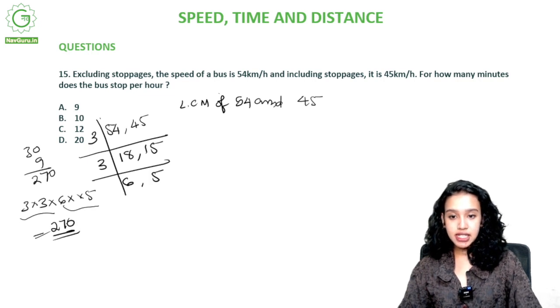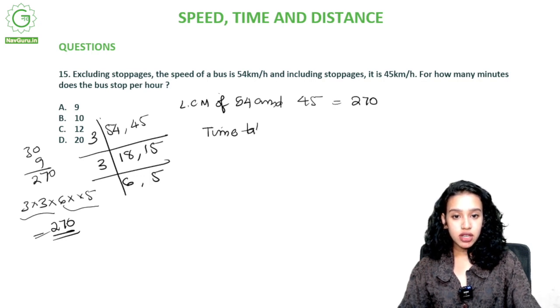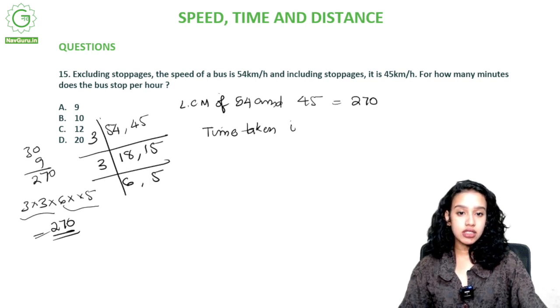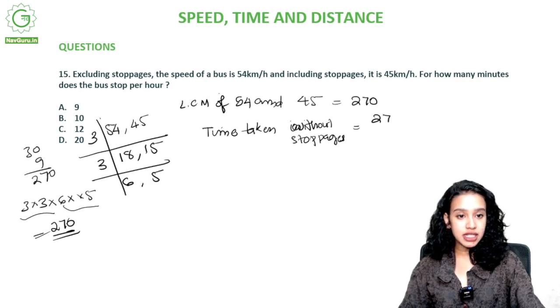So we have the LCM to be 270. So the time taken for the bus to cover this distance, first of all, for the first bus without stoppages, is equal to 270 divided by 54, right?